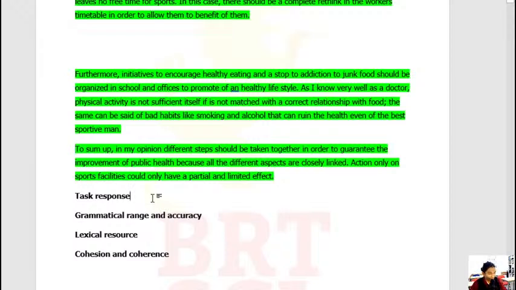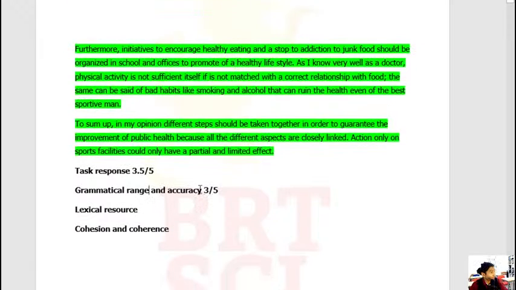Okay, the task response. I think that was quite a good one. I'd give her 3.5 out of 5. I'm afraid this is going to be 3 because she needs to improve, because here, for example, it's healthy, not unhealthy. Lexical resource, I think she's getting there, but there are some unnatural use of language, so I would give her 3.5.